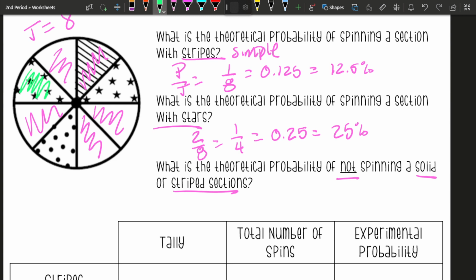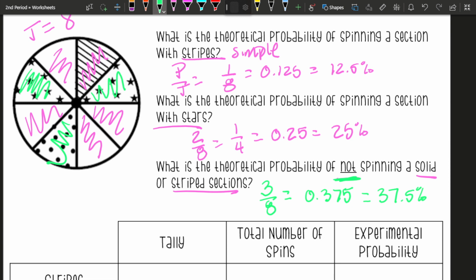I have 1, 2, 3 out of 8, because we're looking for not. When you do TiVo, you get 0.375, which is what percent? 37.5%. Very good. That's all there is to it.